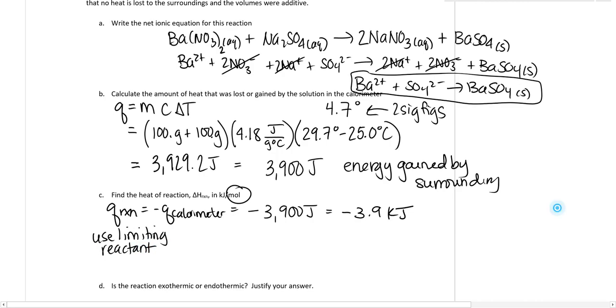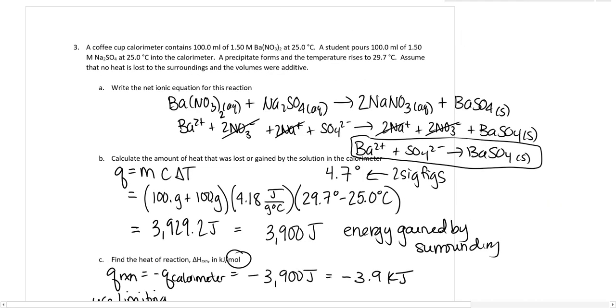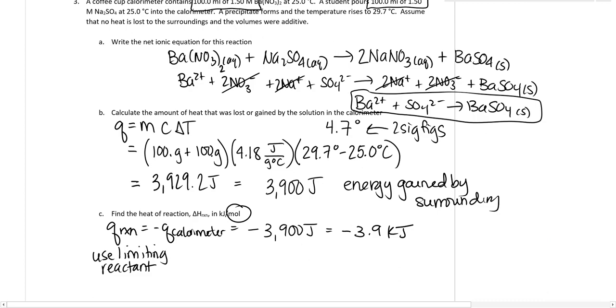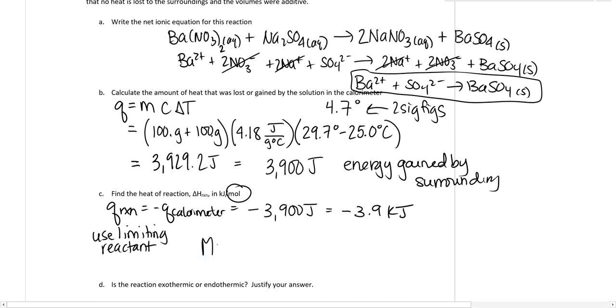And so let's look at what we are given. These things are both solutions. So we find moles by using the volume and molarity. And it looks like our volume is 100 mL and the molarity is 1.5. And that's the same for both reactants. So molarity is moles per liter. So I can rearrange that, and moles is molarity times liters.